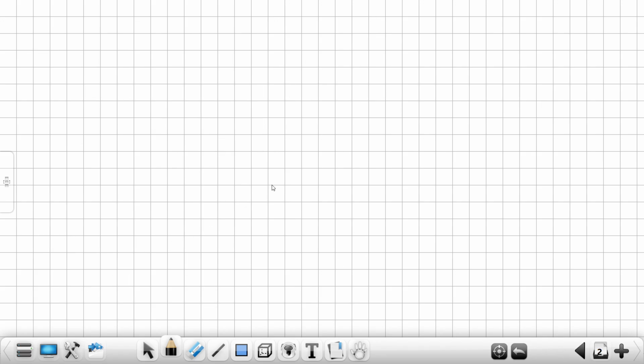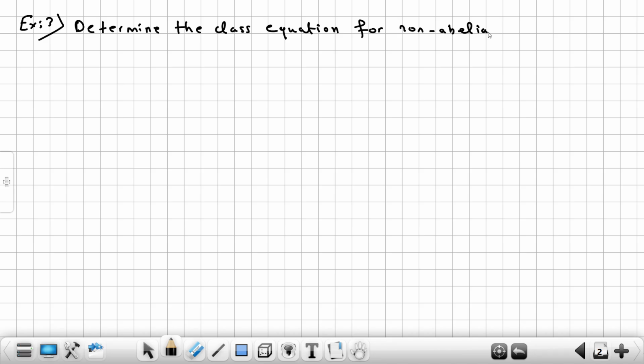Now, exercise 3. Determine the class equation for non-abelian groups of order 39 and 55.